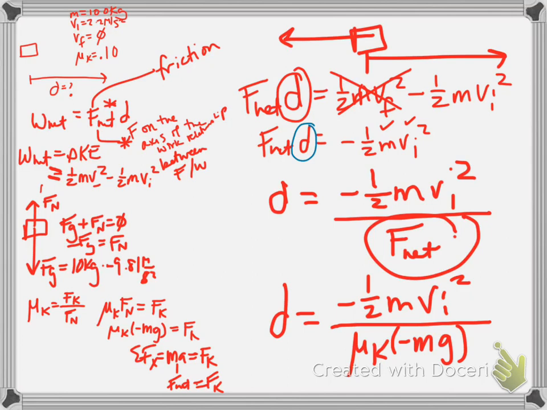So this is actually Fnet, and this is where we would use cosine theta. And what's theta? 180. It's in opposition. The cosine of 180 is -1. So this is just telling you that the work being done is being done against the motion of travel. So cosine 180.